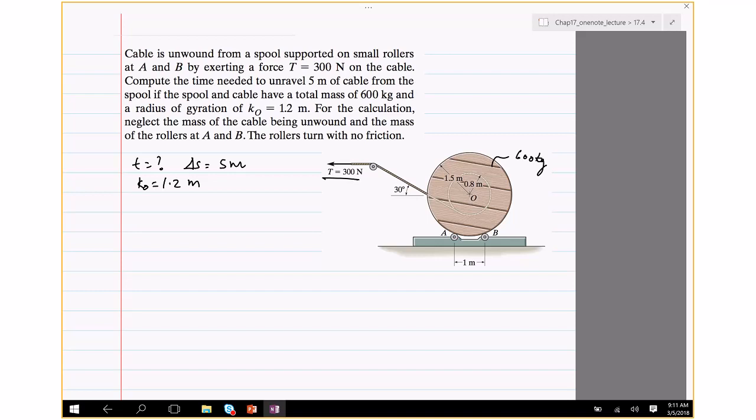Since I need to find the acceleration and there's a force involved, this is a kinetics problem. I'm going to draw the free body diagram first for the cylinder.